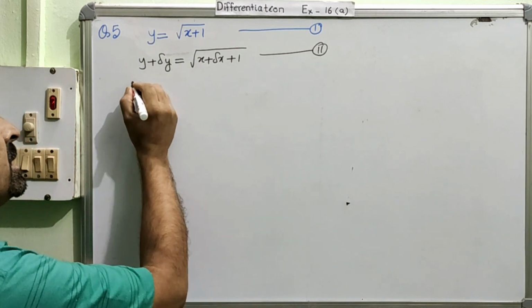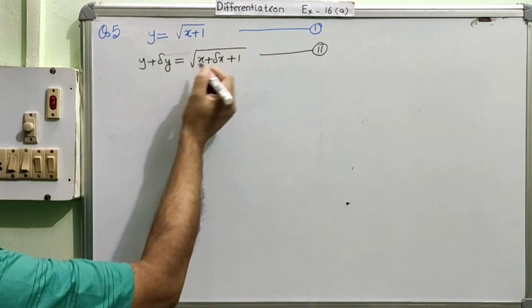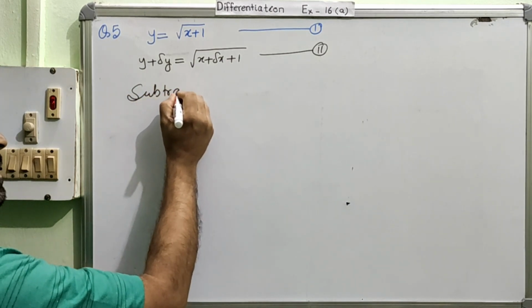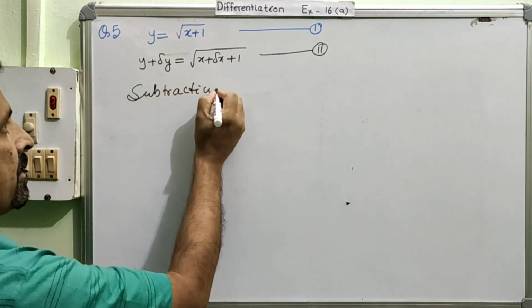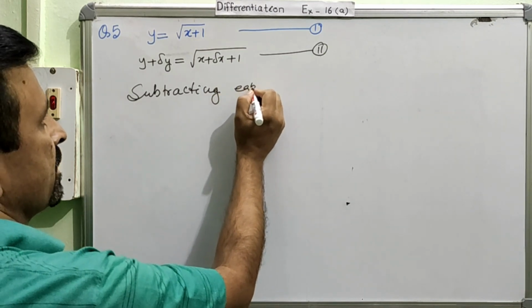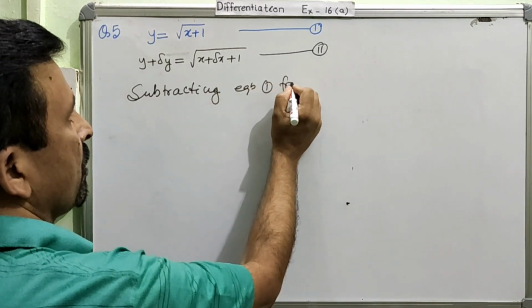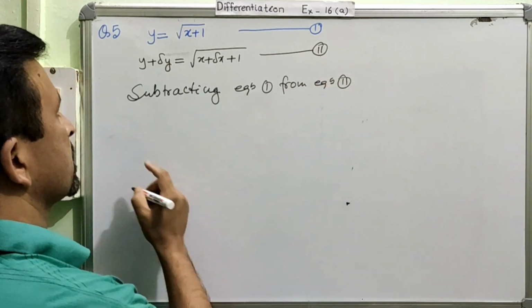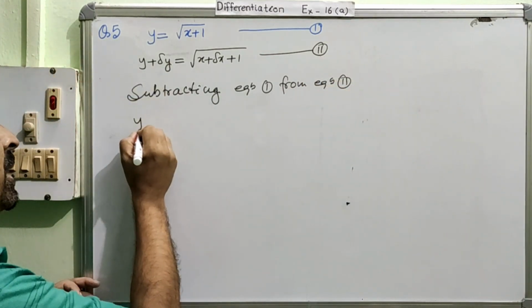After this, what we do is we are subtracting equation number 1 from equation number 2. So by doing so, what do we get?